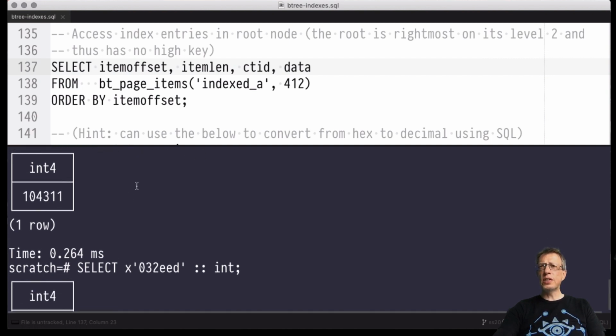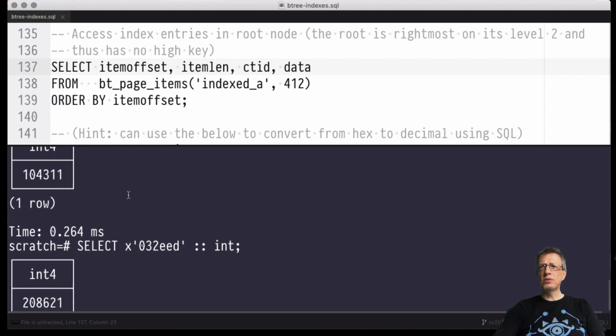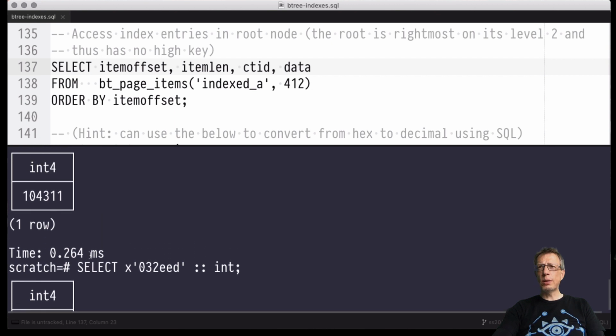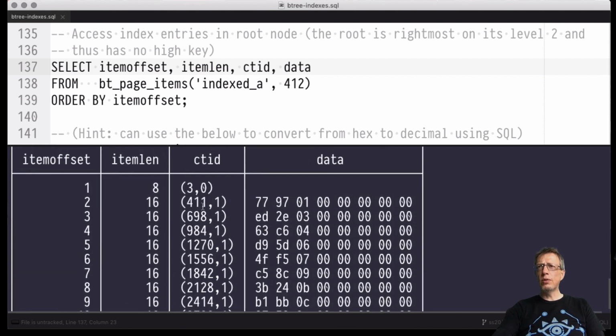This first index entry points to a subtree in which the key values that are represented lie between 104311 inclusive and 208621 exclusive. So this is the range of A values that is represented by the subtree rooted at page or at node 411.